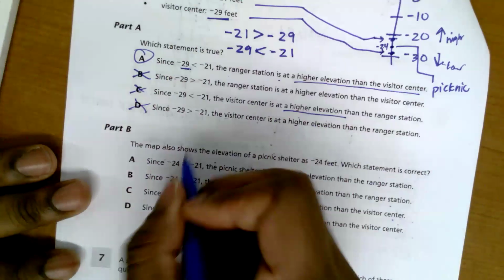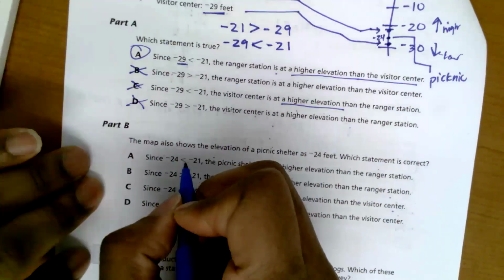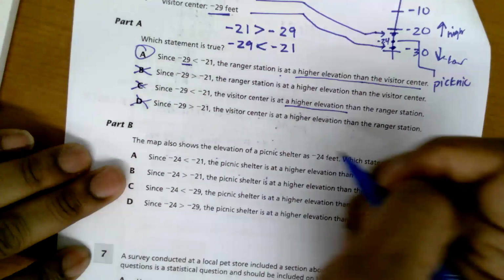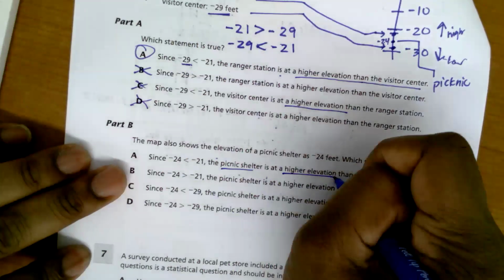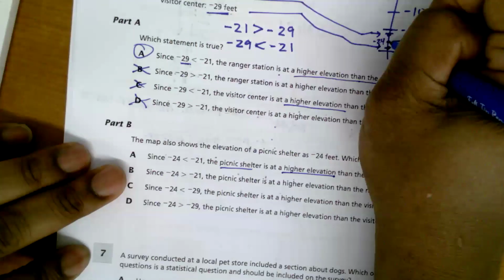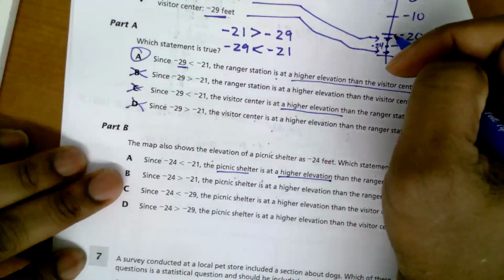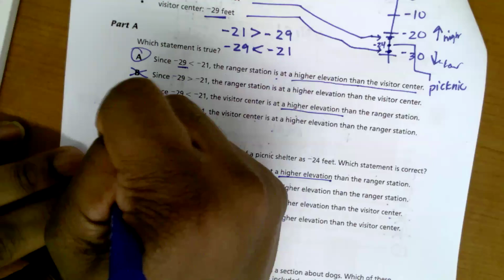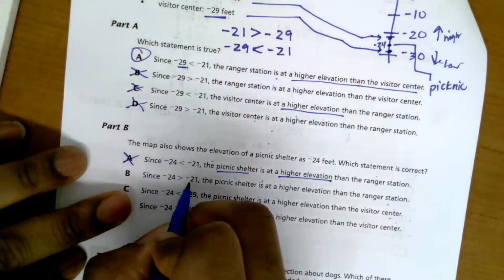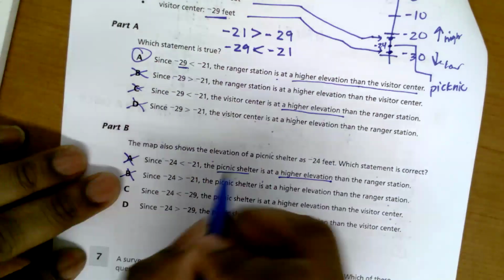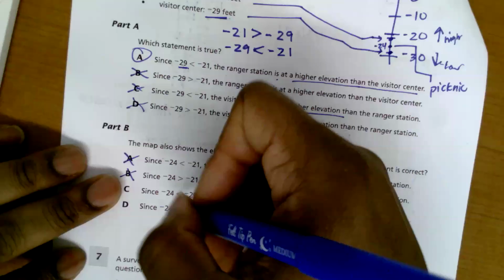So negative 24 is less than negative 21, yeah? But the picnic shelter is not at a higher elevation. See, the picnic shelter is here. A higher elevation will be negative 21. So that is incorrect.